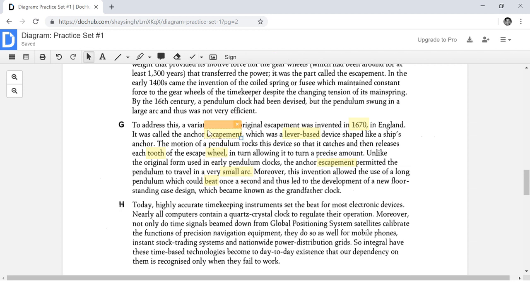So let's start off with escapement. I'm going to first read this sentence. I'm going to start up here because it also mentions escapement right here. So let's start reading from here. To address this, a variation on the original escapement was invented in 1670 in England. It was called the anchor escapement, which was a lever-based device shaped like a ship's anchor.